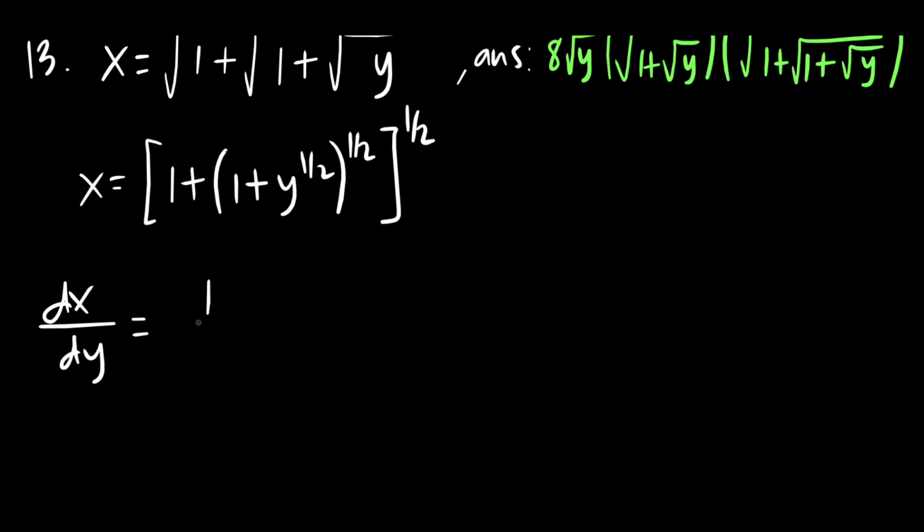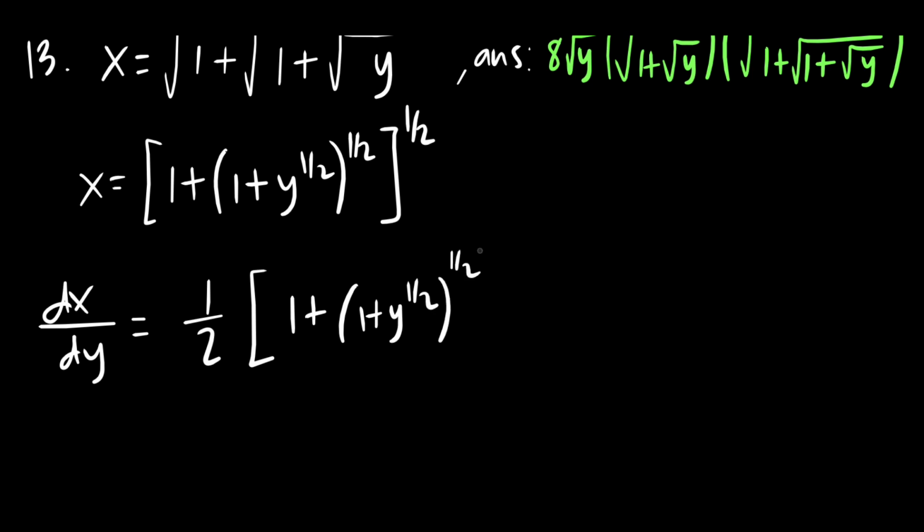So we have 1 half multiplied by, so copy the inside, 1 plus y raised to the power of 1 half, raised to the power of 1 half. So 1 half minus 1 is just equal to negative 1 half.